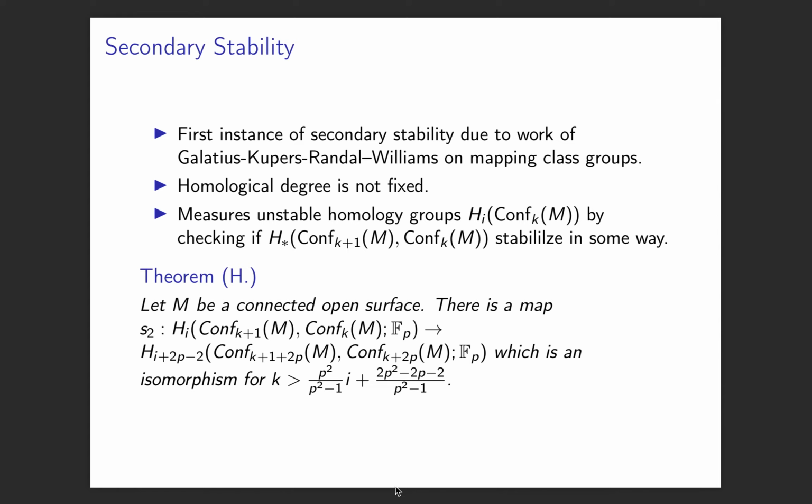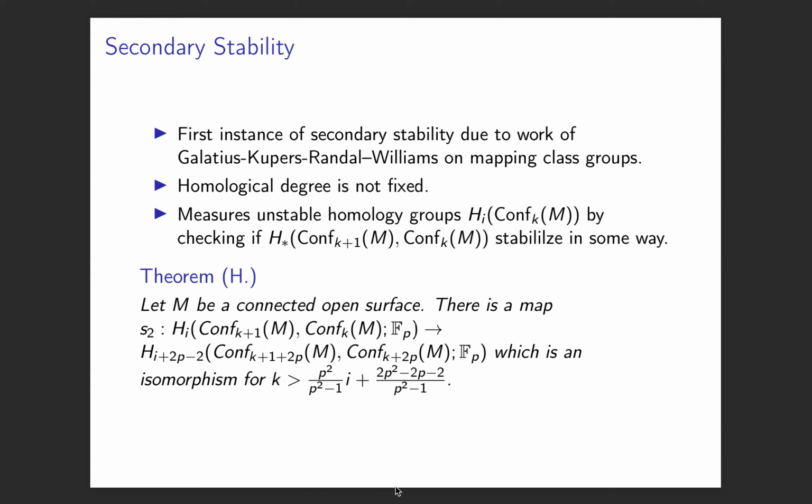A way I would try to say what it's about is you're trying to figure out if there's some sort of pattern for the unstable homology groups, and the way you look at this pattern is by trying to detect if the homology groups of the mapping cone, the configuration space of k+1 points on M relative to the configuration space of k points on M, stabilize in some way.